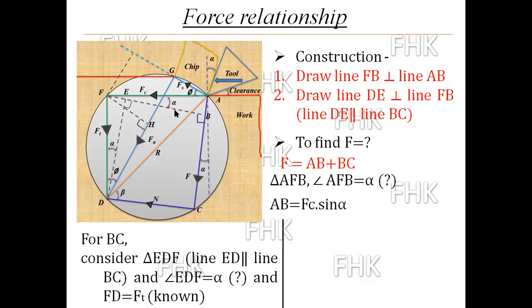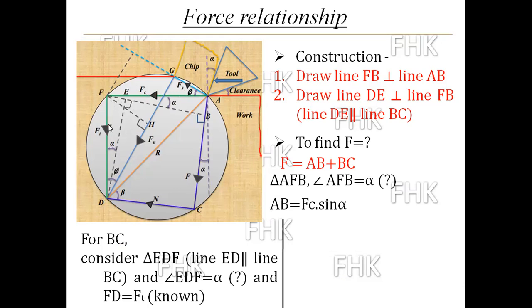How? When I draw the construction DE to line FB, and FT is perpendicular to FC. So when FC and FB are making angle alpha, the lines perpendicular to these two lines will again make angle alpha.